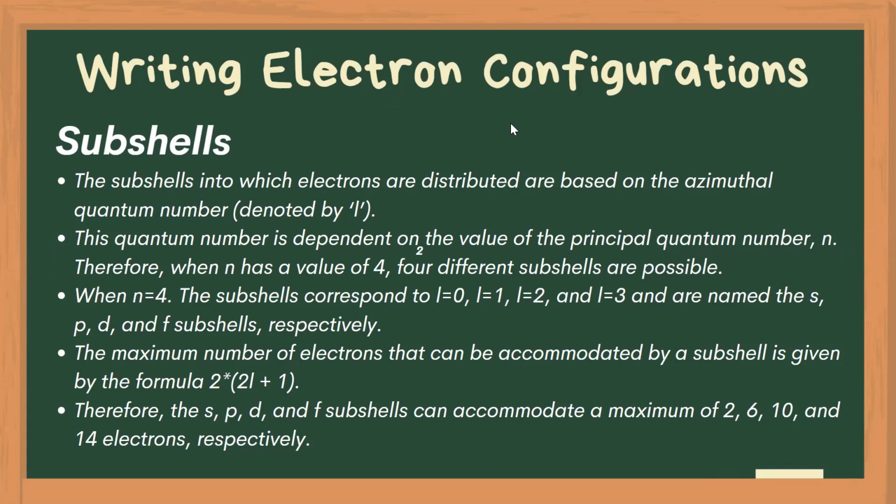So when n is equal to 4, the subshells correspond to 0, 1, 2, and 3, and are named S, P, D, and F subshells respectively. The maximum number of electrons that can be accommodated by a subshell is given by the formula 2 times (2l plus 1). Therefore, the S, P, D, and F subshells can accommodate a maximum of 2, 6, 10, and 14 electrons respectively.